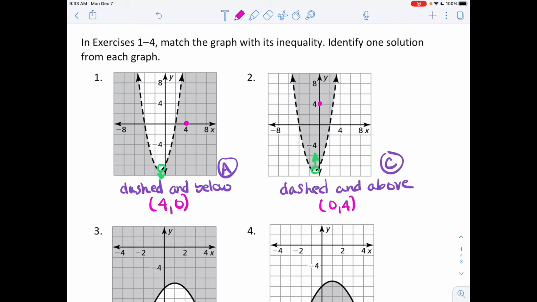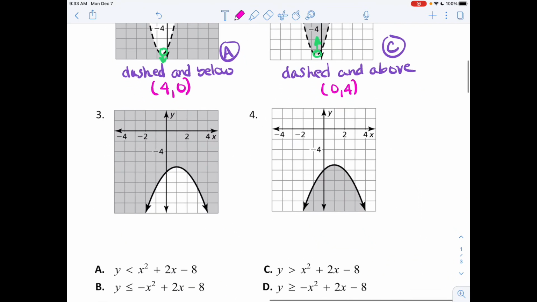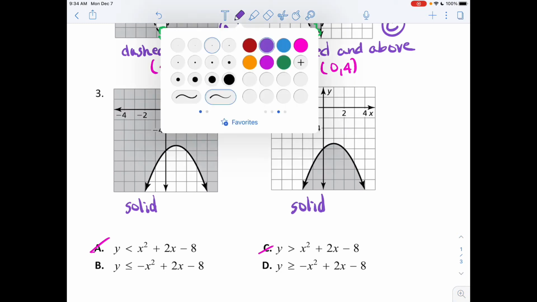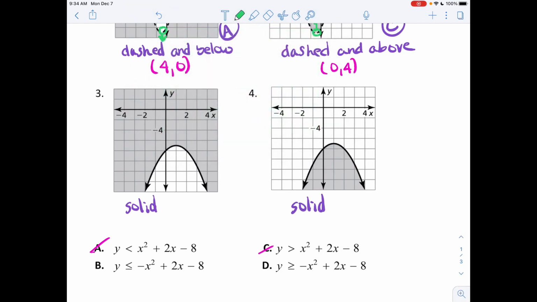All right, let's look at 3 and 4 now. We looked at 1 and 2, and we know that we have used answers A and C already. On number 3, we are solid. And also on number 4, we are solid. Looking at the shading from the vertex, this one is shaded above, and from the vertex, this one is shaded below.